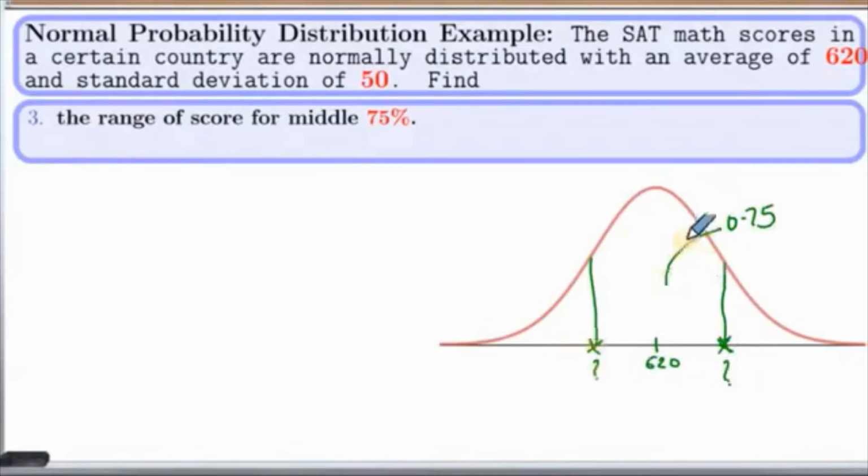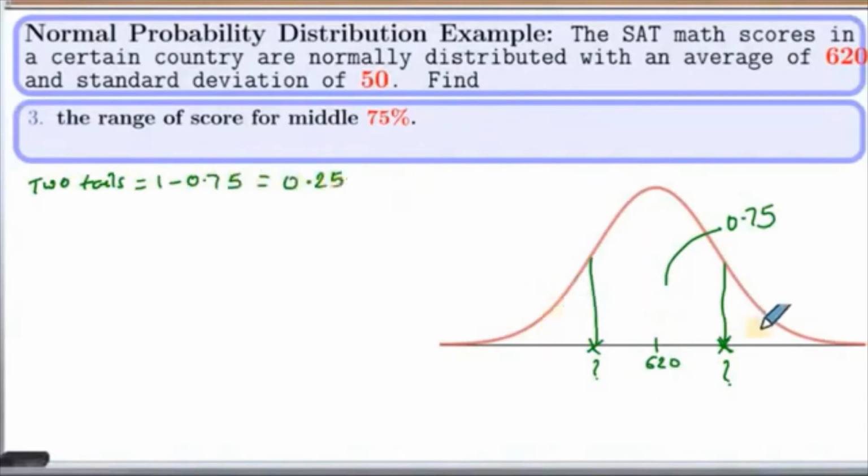Okay. So if this area in the middle is 0.75, we know the area towards the tails should be 1 minus 0.75. Let me write that down here. These two tails should be 1 minus 0.75, which is 0.25.